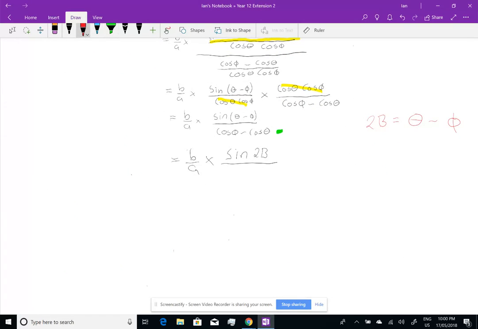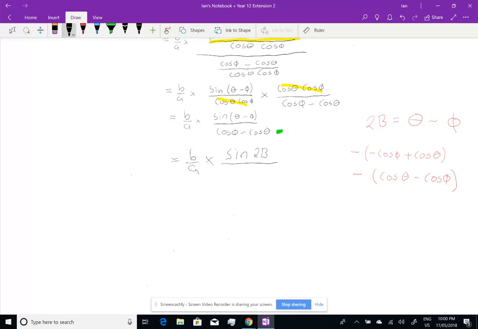So I can write, if I multiply through by a negative, then it equals negative cos theta minus cos phi. So I can put that in at the bottom.